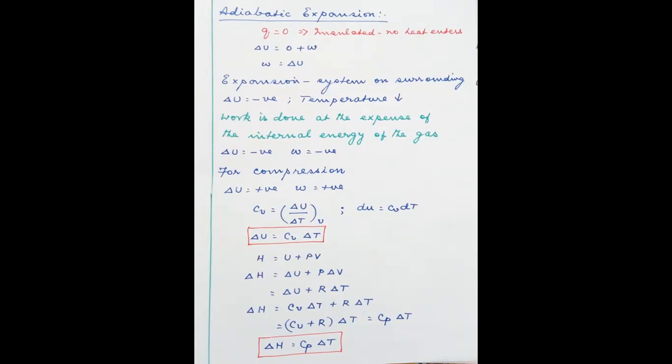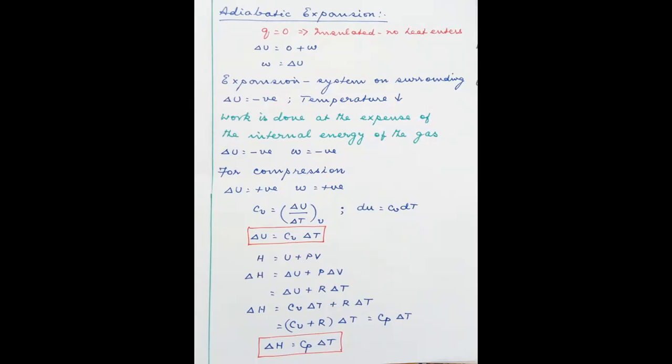You assume a cylinder which is fitted with a frictionless, massless piston, and the piston moves up and expansion is taking place. During expansion, the gas loses its temperature. There is a drop in the temperature. But in an isothermal process, there should not be any change in the temperature. Temperature change should be zero.